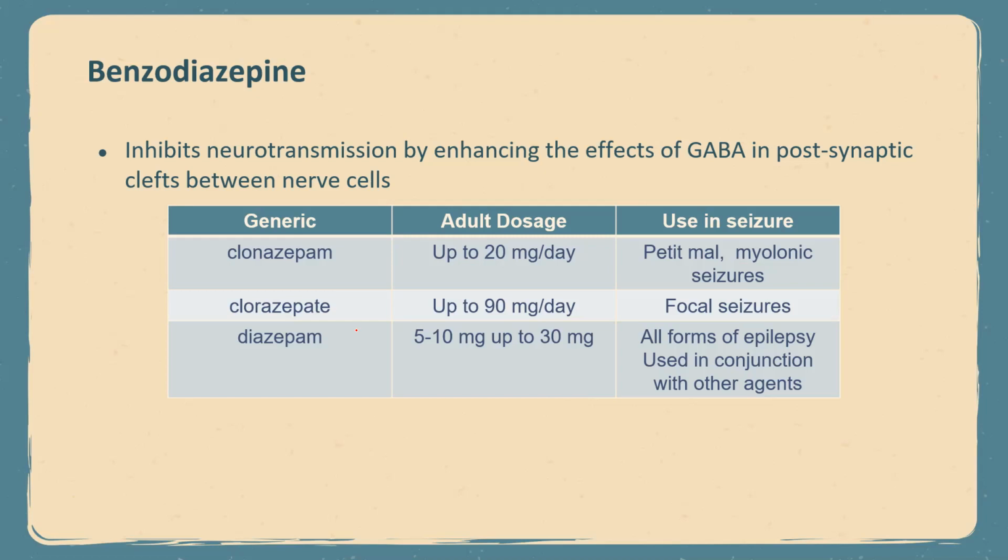Clonazepam is useful in oral treatment of the absence, akinetic, and myoclonic seizures in children, and it is given up to 20 milligrams per day. We also have your diazepam. Diazepam must be given IV to control seizures. And diazepam is recommended for all forms of seizure.